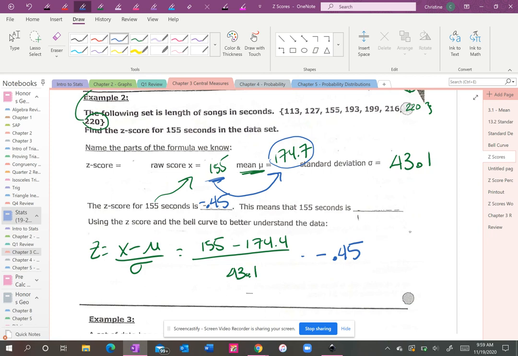So it's negative 0.45, which means that if you were drawing the bell curve, if the average is 174, here's one standard deviation, you're going about half a standard deviation away, but now to the left because it is negative.